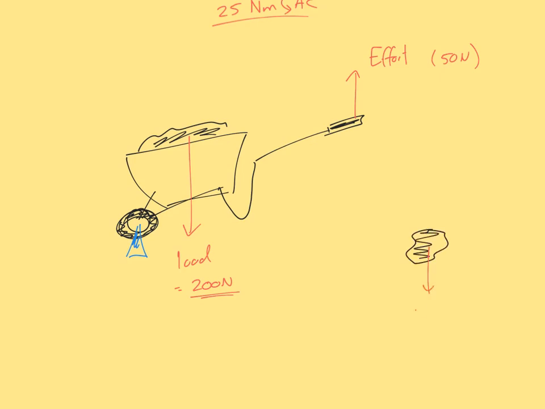If it's 200 newtons of weight, then with your best 50 Newton lift, you simply can't lift that. There's always going to be a greater force down. It's always going to accelerate downwards. You can never raise it. So this 50 newtons cannot lift the 200 Newton load except by taking advantage of the lever principle. So let's put some distances in along here.